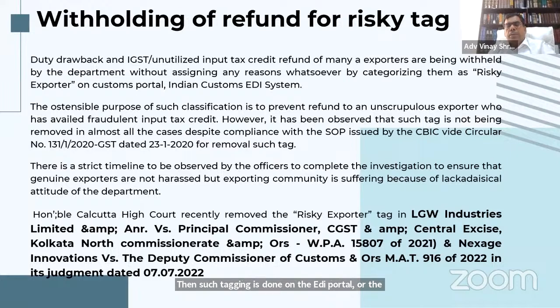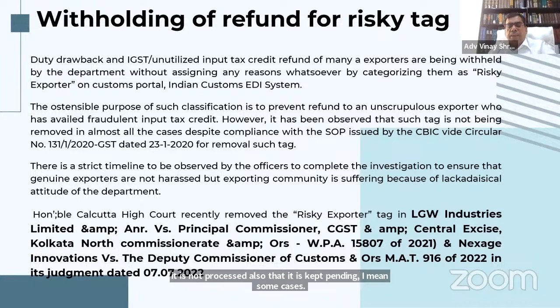And while it is done, there is no notice issued to the SAC. One fine day when the refund is denied, or not even denied, it is kept in abeyance. The refund claim is not processed. While it is not rejected, it is not processed also. It is kept pending. And in some cases, it is denied also on the ground of tagging as a risky exporter.